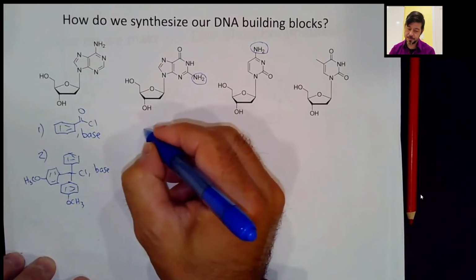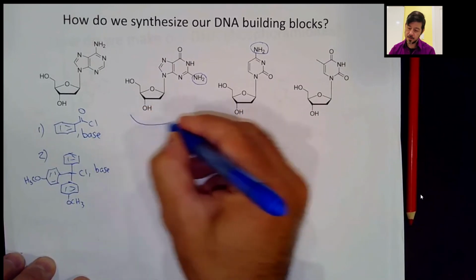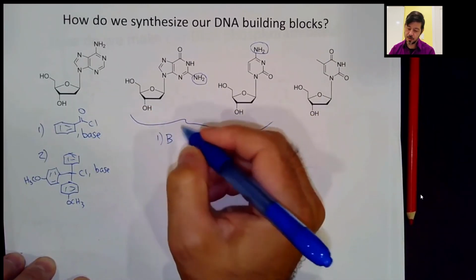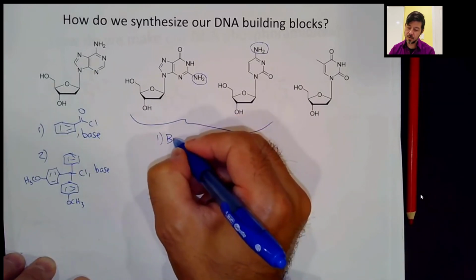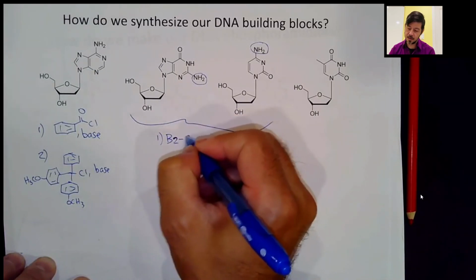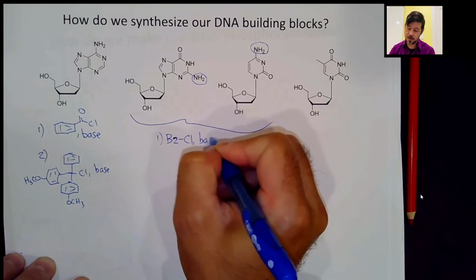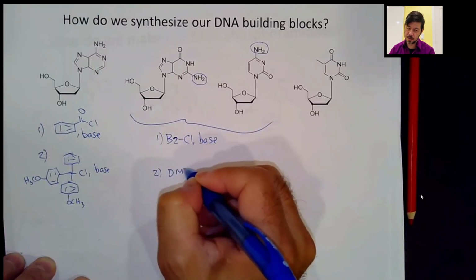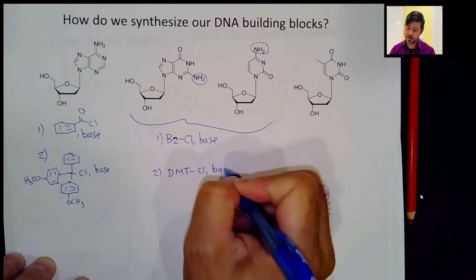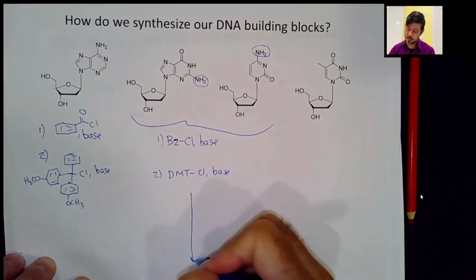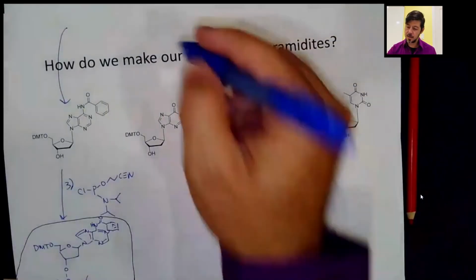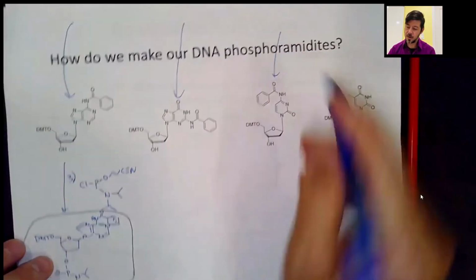All right, so I'll just lump these together and use the abbreviation for benzoyl group: Bz chloride, and then DMT chloride and base. Okay, so you bring that up to your next slide, and then these are the 2 different monomers that you have.